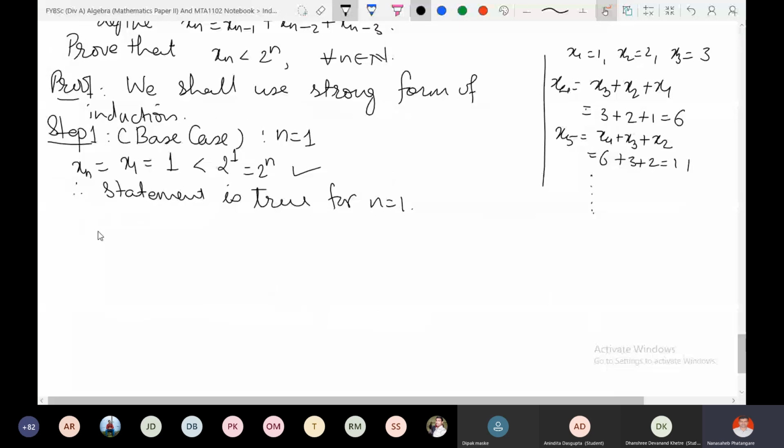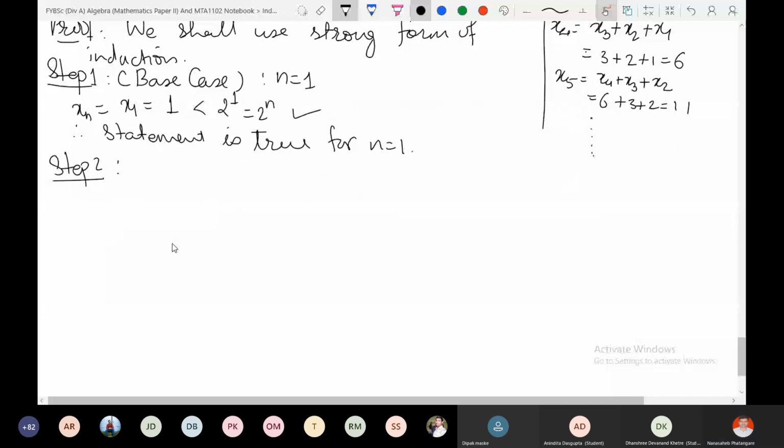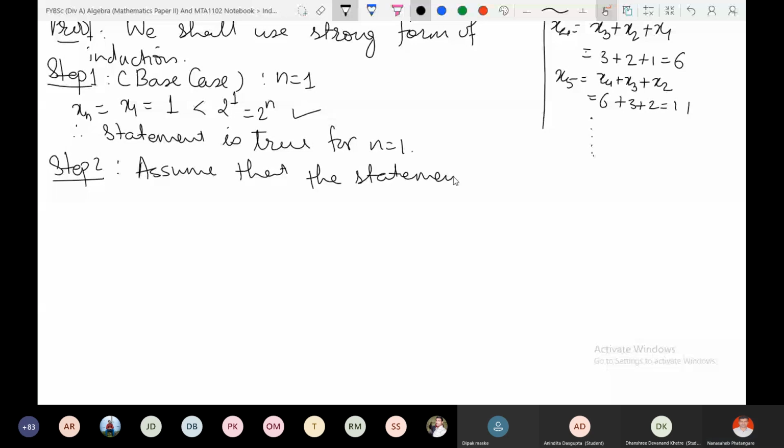Now the induction hypothesis. Since we are using strong induction, what should be the induction hypothesis in this case? Assume that the statement is true for n is equal to 1, 2, 3, up to k.